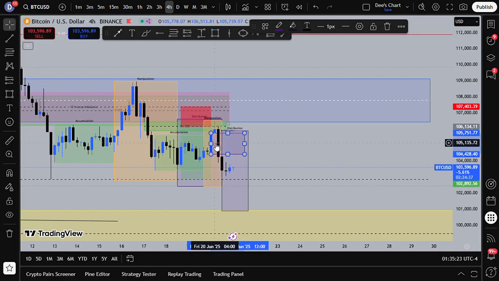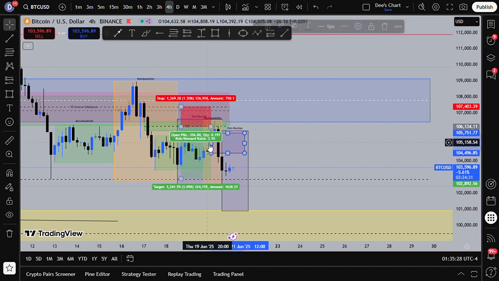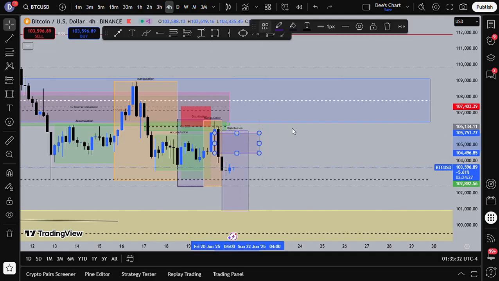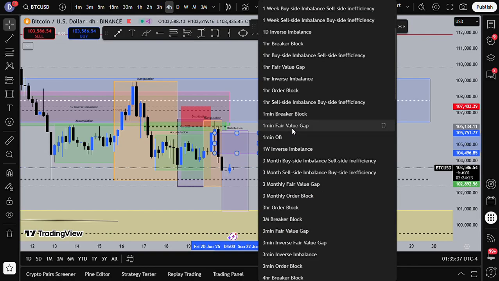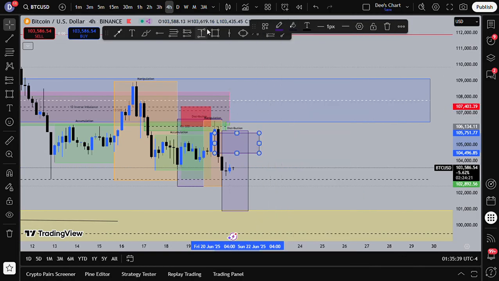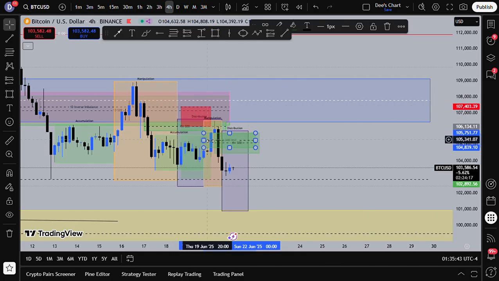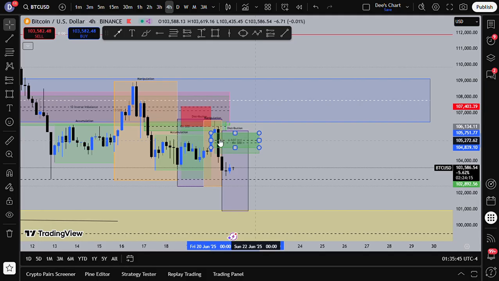So you have an entry right here. So my entry is going to be inside of this balance price range. As you can see, again, we have this 4-hour SIBI, and that is combined with this 4-hour inverse.